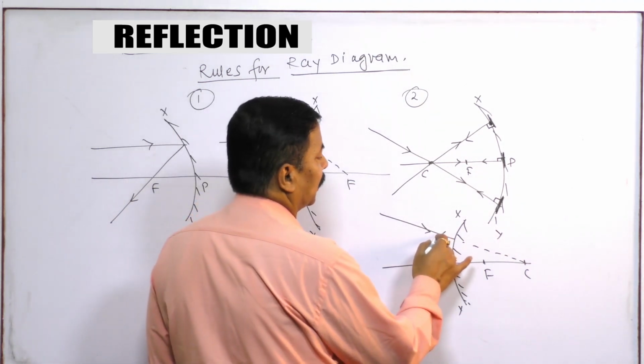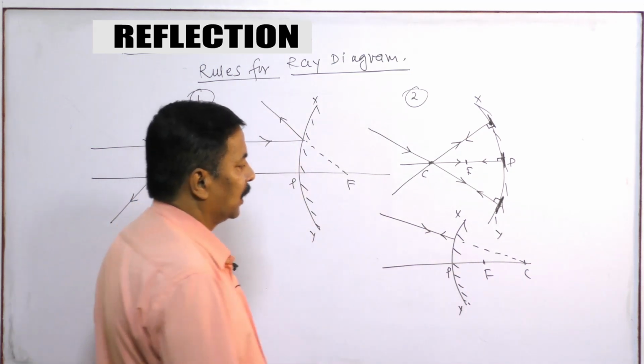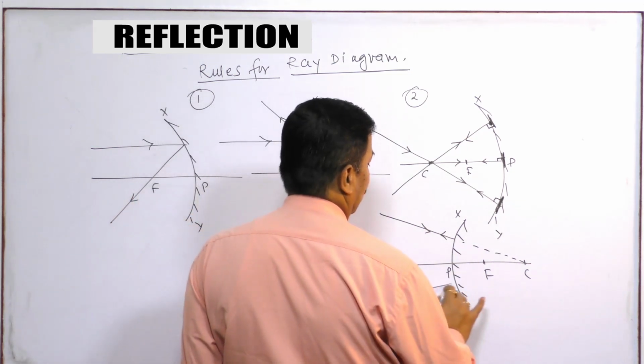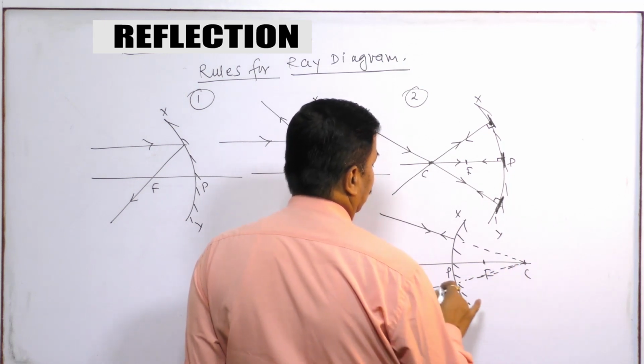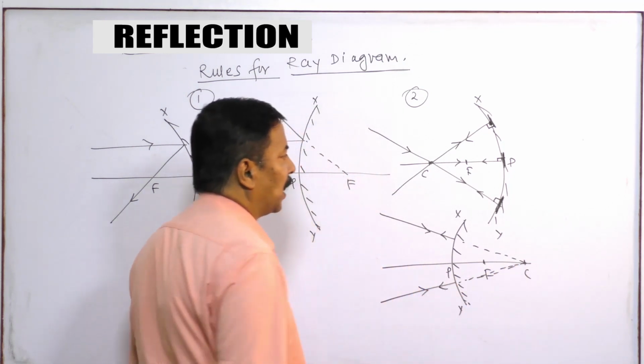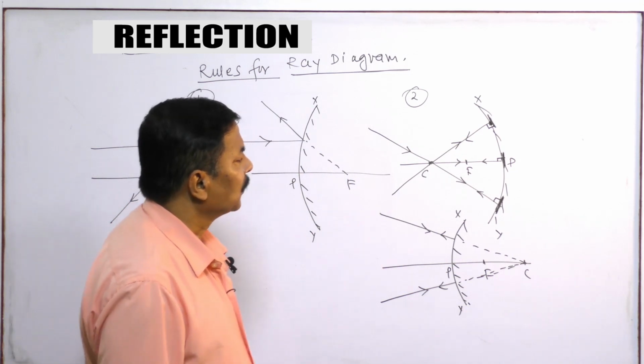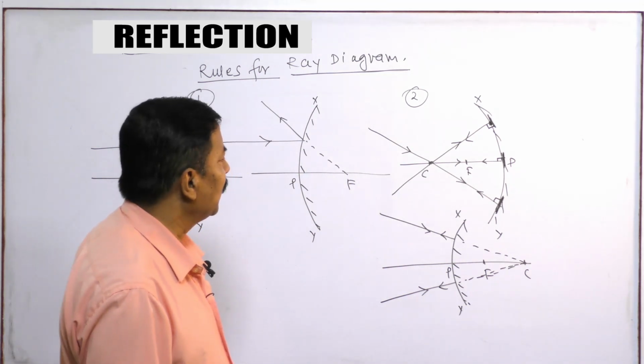Then it will retrace its path. If the ray is appearing to pass through the center of curvature, then it will retrace its path. This is the second rule.